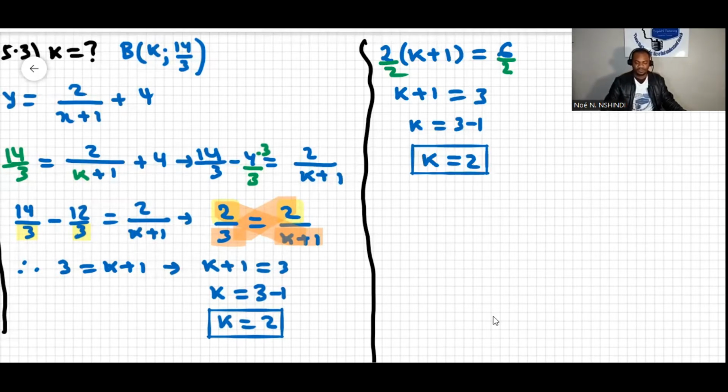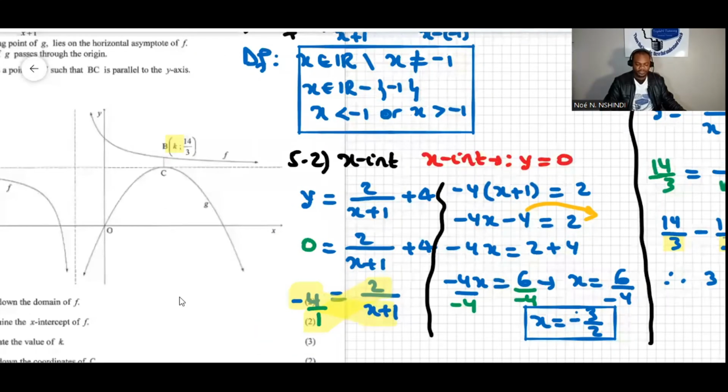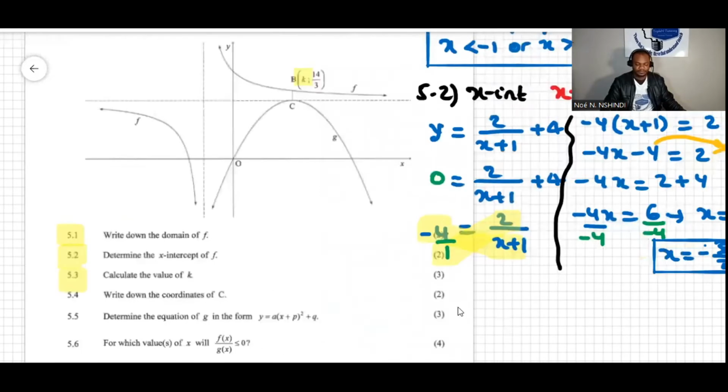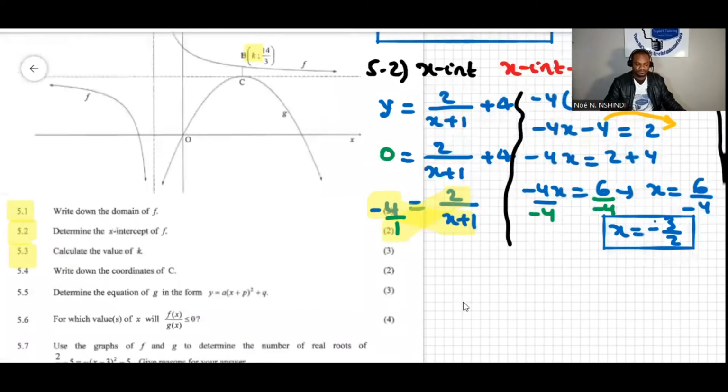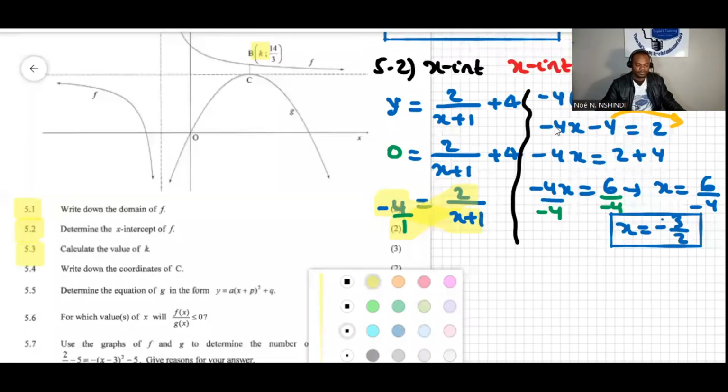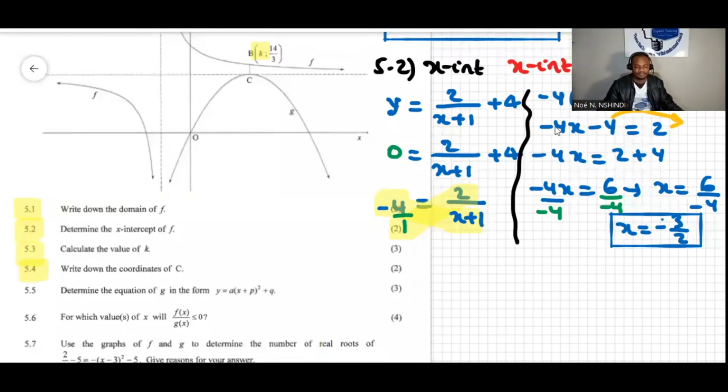Now, the following question must be 5.4, which is over here. 5.4 says write down the coordinates of C. Now the graph is here.